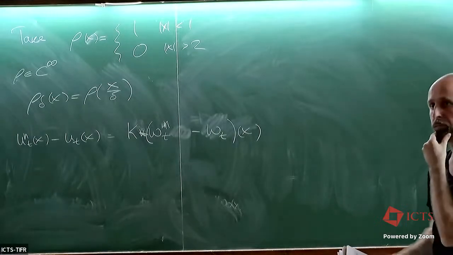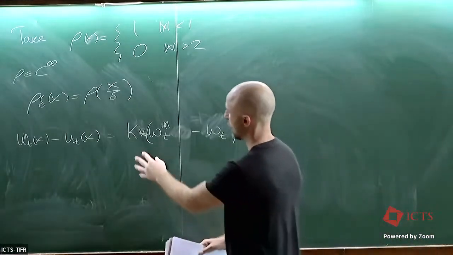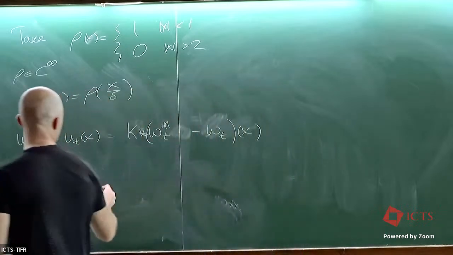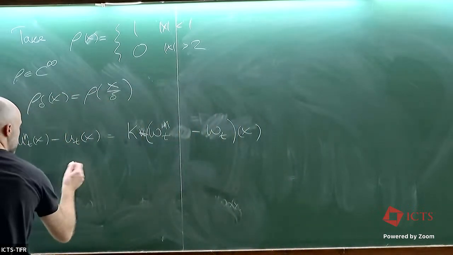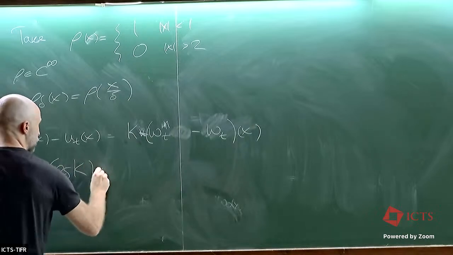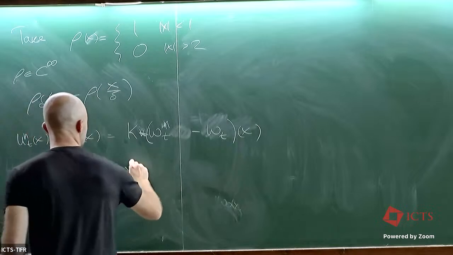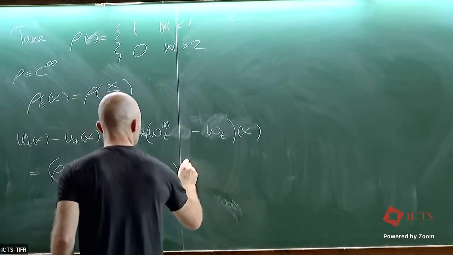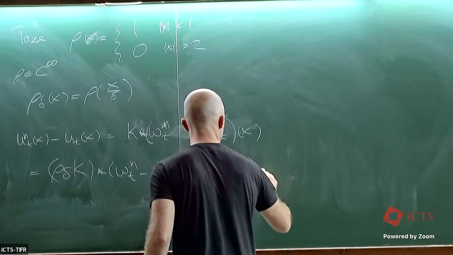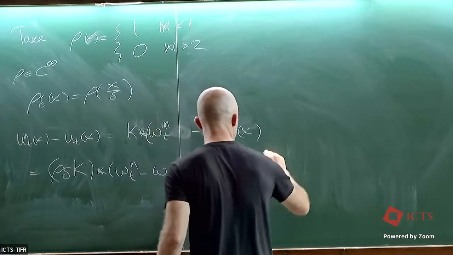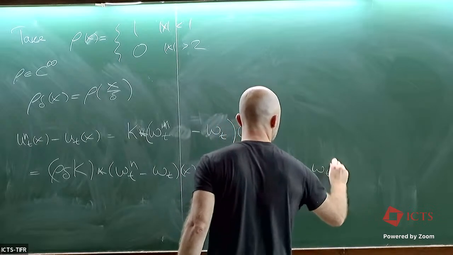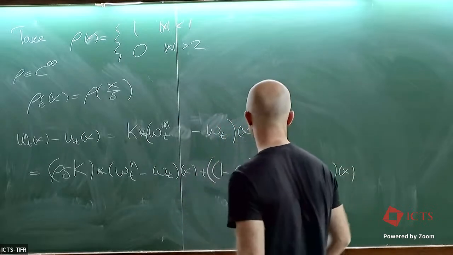Okay? And so now let us split the operator k into a singular and a non-singular part. So one where we just multiply with k, and then we take omega n minus omega, like this.